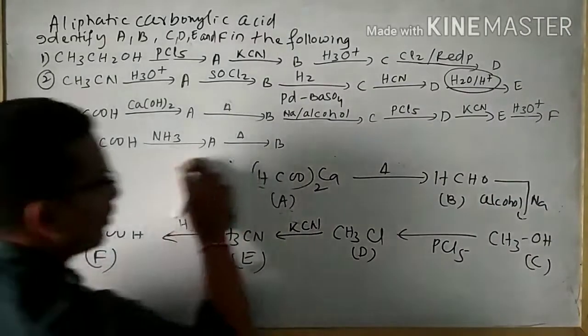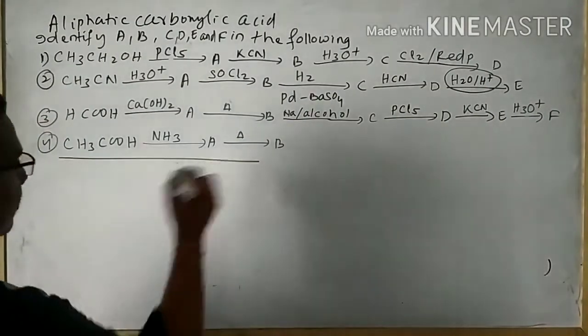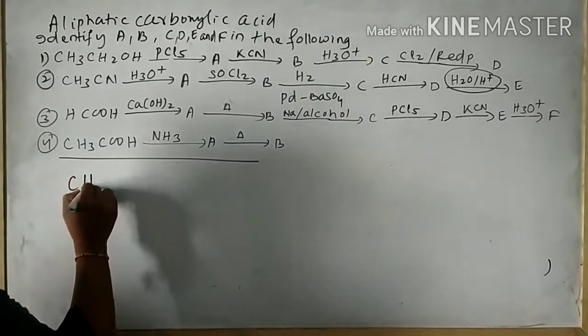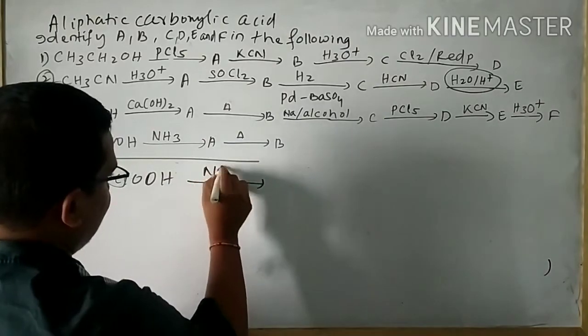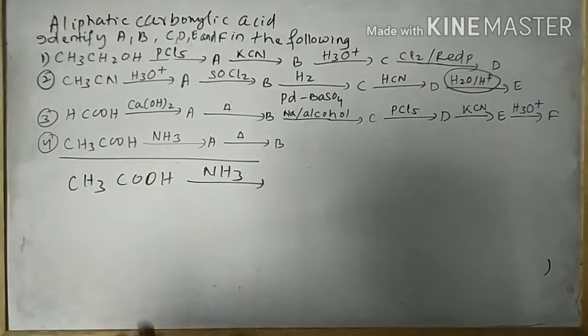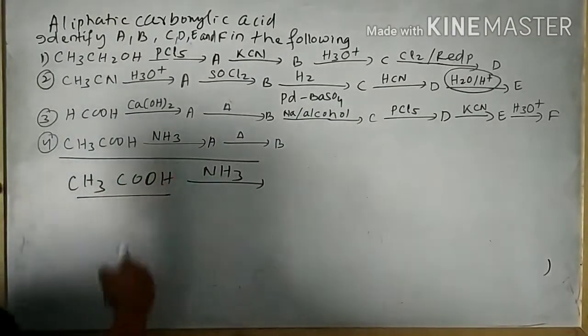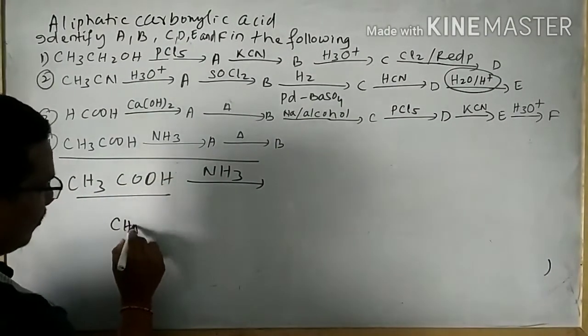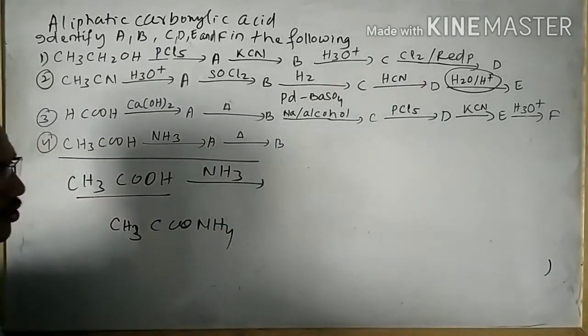Now I will discuss question number 4. Here is question number 4. CH3COOH is subjected to reaction with NH3. Remember, this is an acid and this is a base. When an acid and a base undergo reaction, a salt is formed, that is CH3COONH4, ammonium acetate.